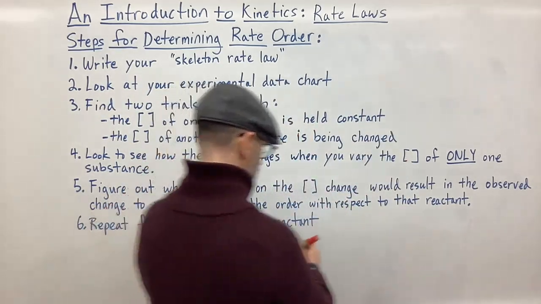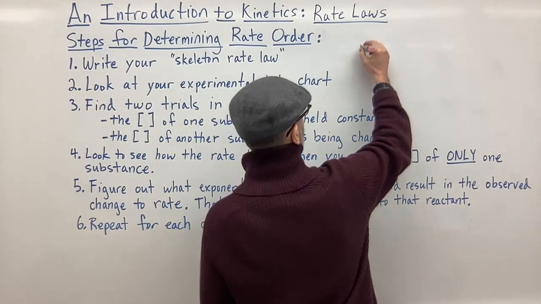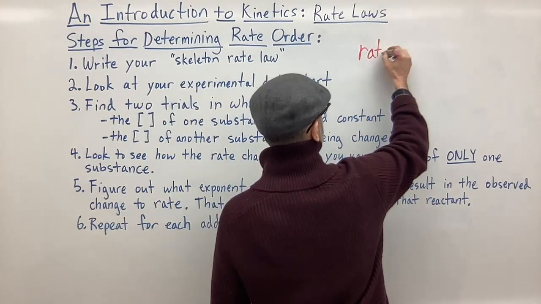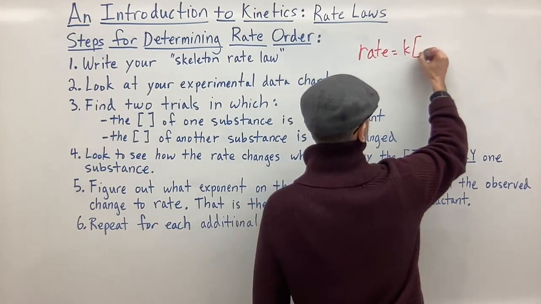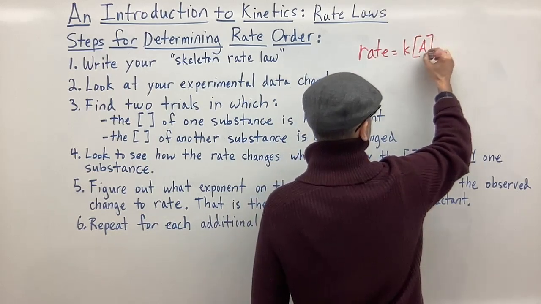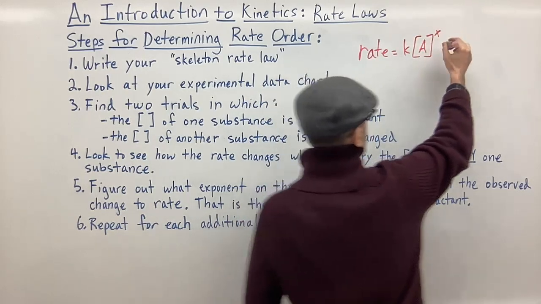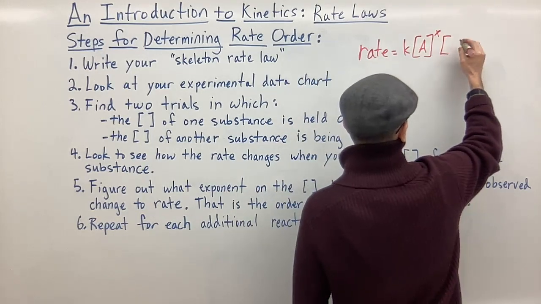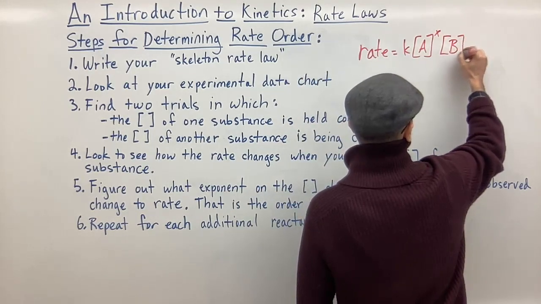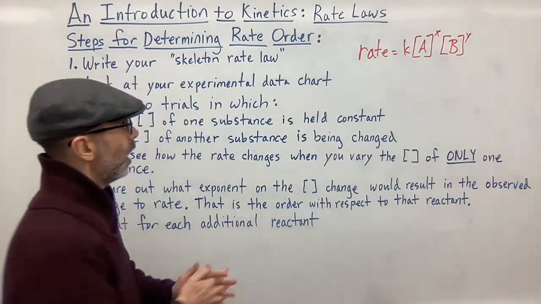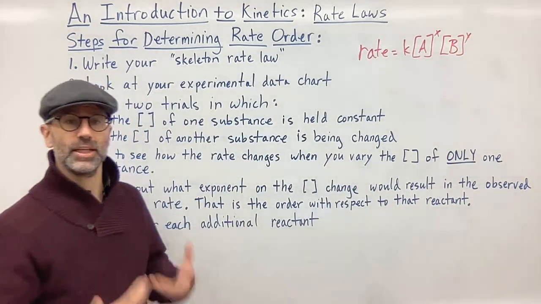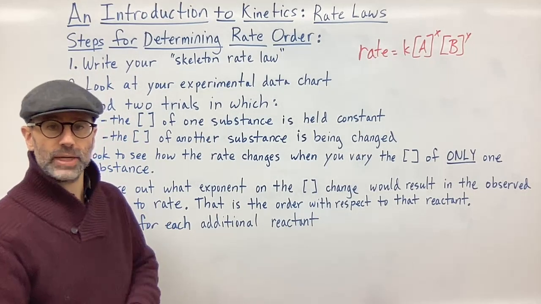Your rate is going to be equal to some K value multiplied by the concentration of A raised to the X power times the concentration of B raised to some Y power, and so on for any other reactants that you might have in your balanced equation.